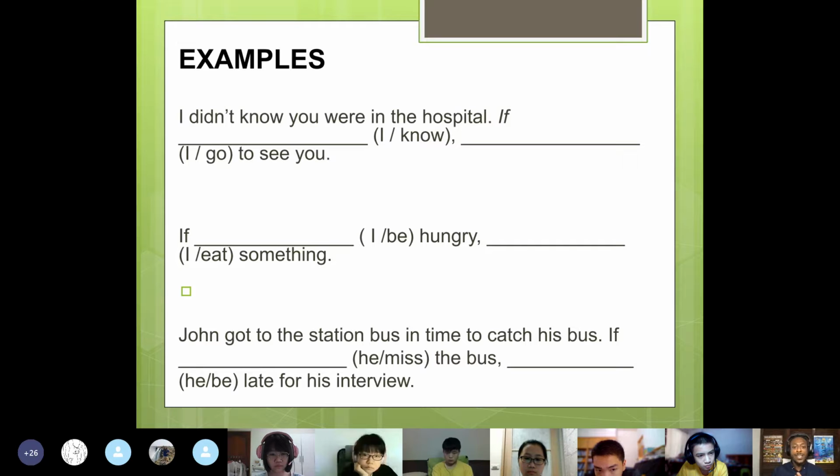John got to the bus station in time to catch his bus. If, so we're saying that he missed the bus.